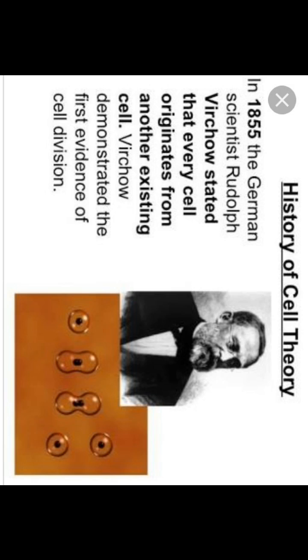So he is the first scientist who demonstrated cell division. What a great contribution done by him, right? So now let us talk about one more important point about him. You can see on the screen how the cells are dividing, how the cells are forming from the pre-existing cells. This is also a contribution of Rudolf Virchow.